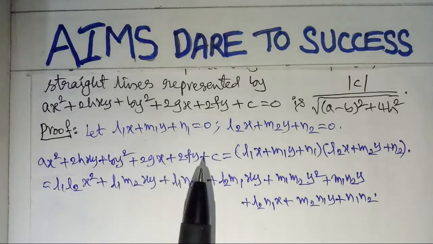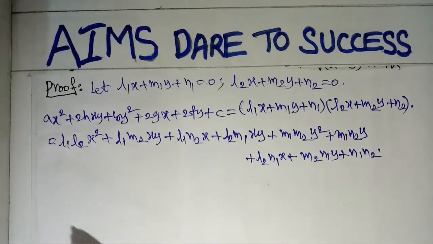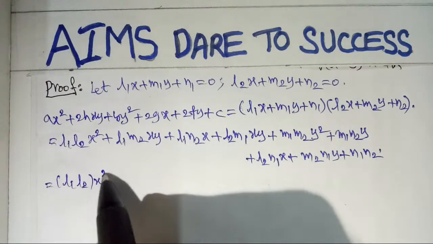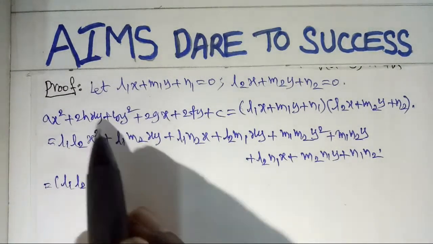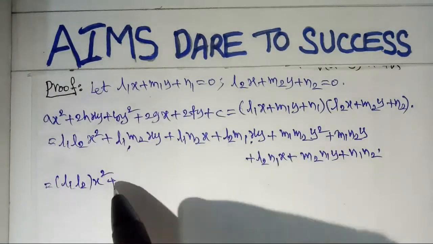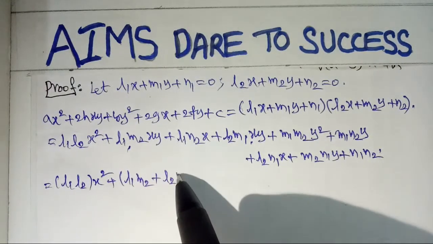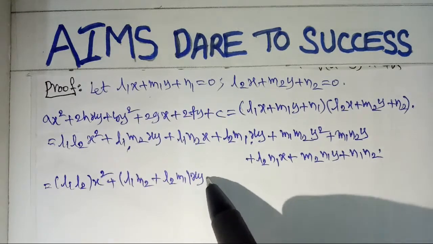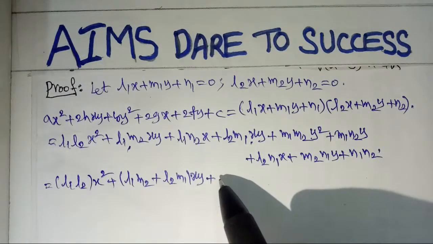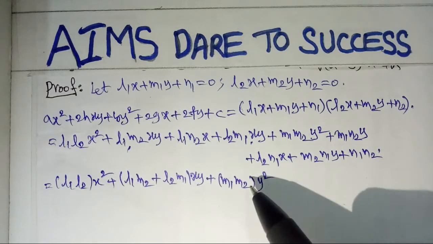According to this equation you can arrange the values. First of all, L1L2 x². After that the xy term: you have two terms, xy common, and the remaining value is (L1m2 + L2m1)xy. After that the y² term, a single term, m1m2 y².